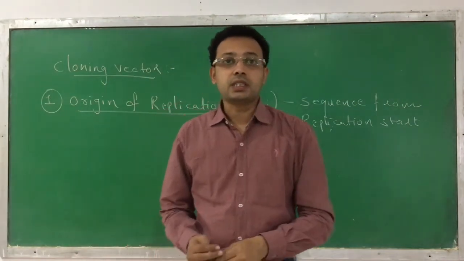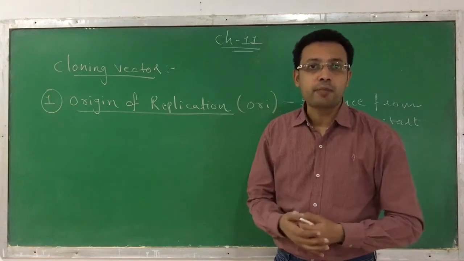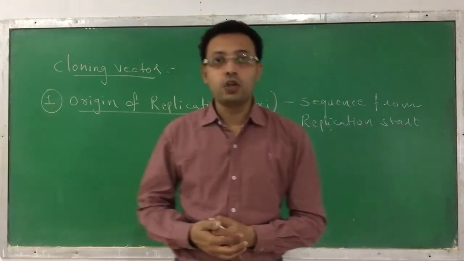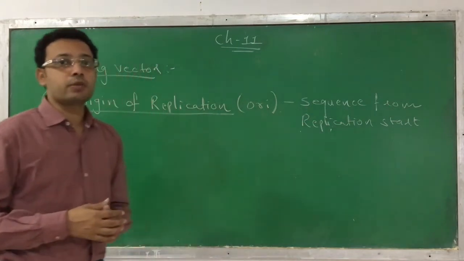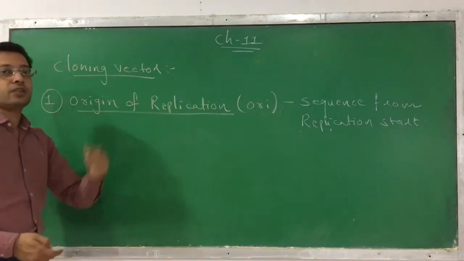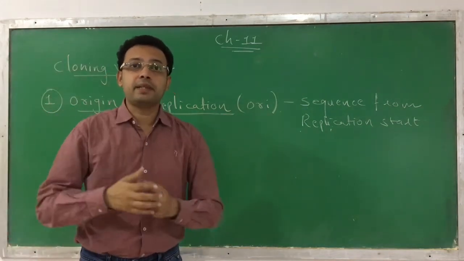Those sequences which are able to generate high copy numbers obviously generate very high cloning. So depending on your requirement, you have to choose. But the vector should have an origin of replication. Its function is to start the replication.